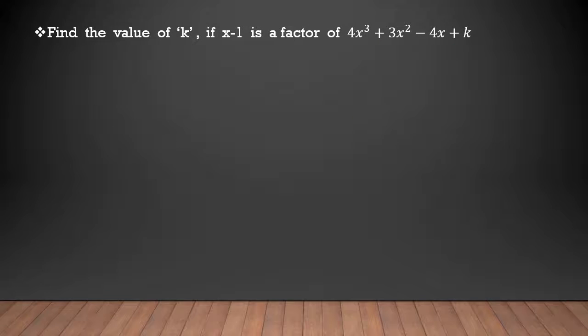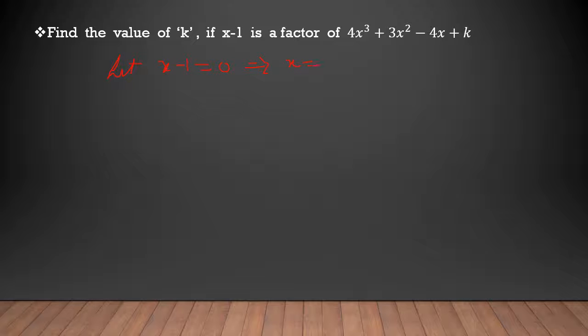So now we have to find the value of k for which x minus 1 is a factor of this polynomial. Very easy question. Actually, this type of question is very easy and you can do it yourself, but I will solve it for you for the sake of simplicity. Let's say x minus 1 equal to 0, then x equal to 1.